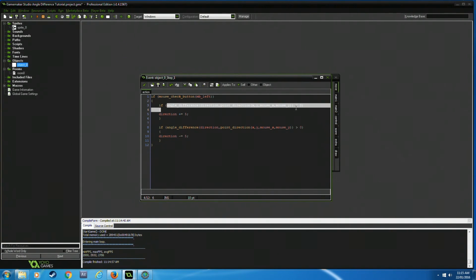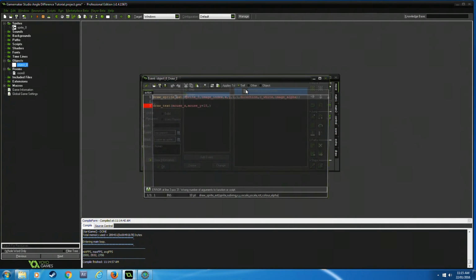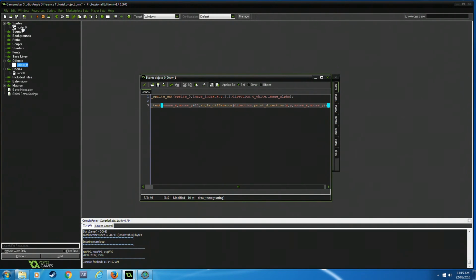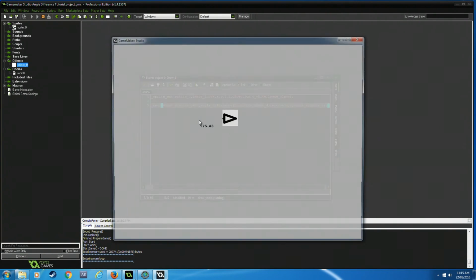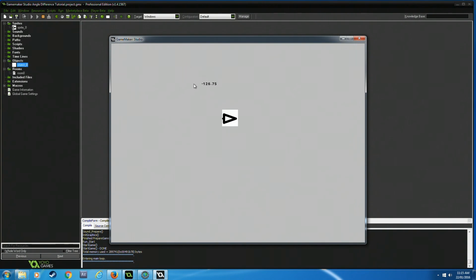So angle, and let's take a look at what the values are. And now we can really see what it's doing value-wise. So as you can see, it's looking at the angle. So now it's always going to decrease, but it's always going to move towards the shortest angle.